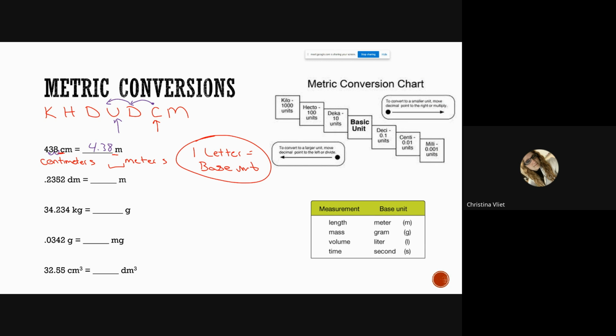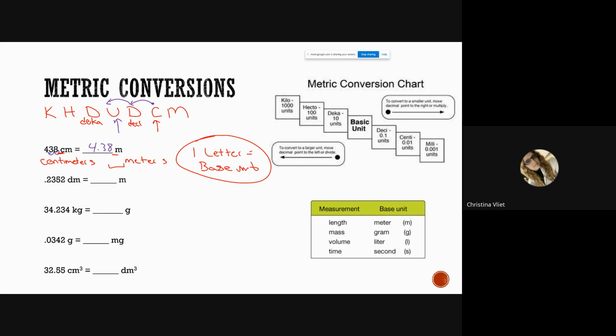All right, do the next one. DM to M. Where are we moving the decimal? How many spots? Does it stand for the first D or second D? That's a good question. This is deca, and this is deci.